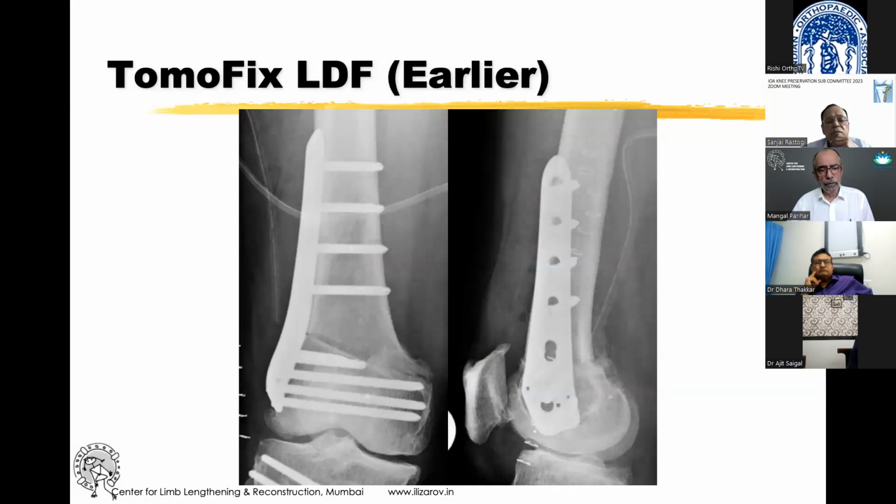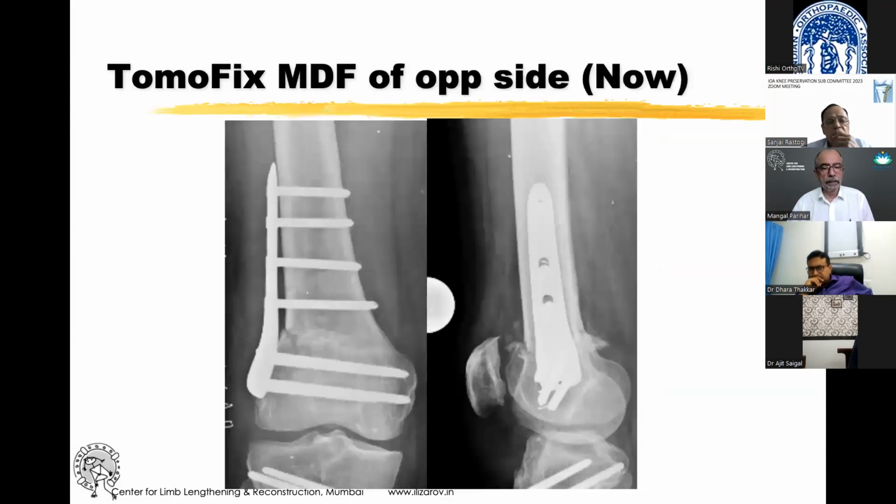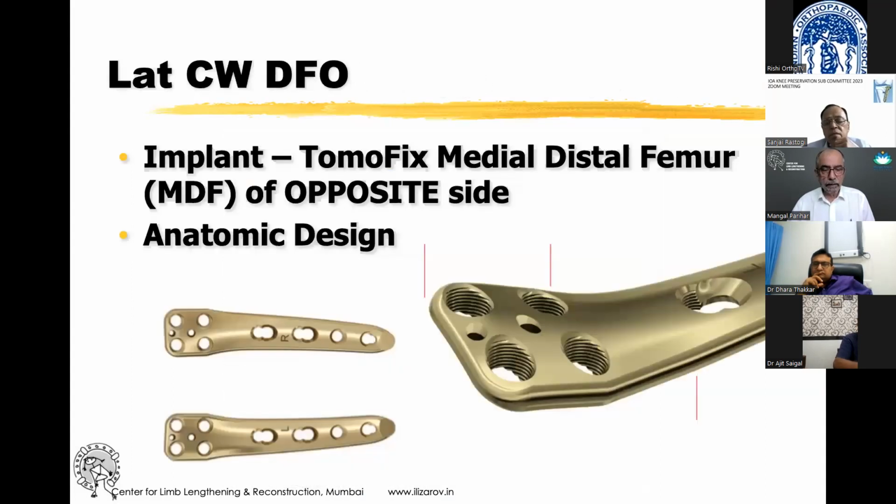This is how we used to do the closing wedge with a Tomofix lateral distal femoral plate. I'm just pointing this out because otherwise there may be a little confusion. That patient was done earlier. Nowadays, what we do is we use a Tomofix medial distal femur plate of the opposite side. This is an anatomic implant.